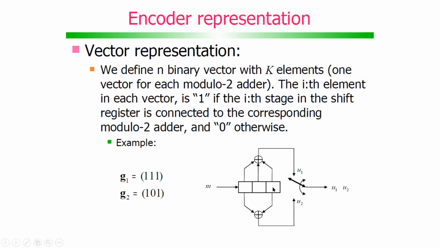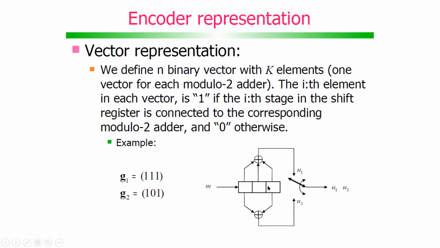These two are the flip-flops or the memory elements of a shift register. The contents of these 2 elements of the shift register is actually the state of the encoder. Right? This is the input bit. What is the state of the encoder? The contents of these 2 elements.